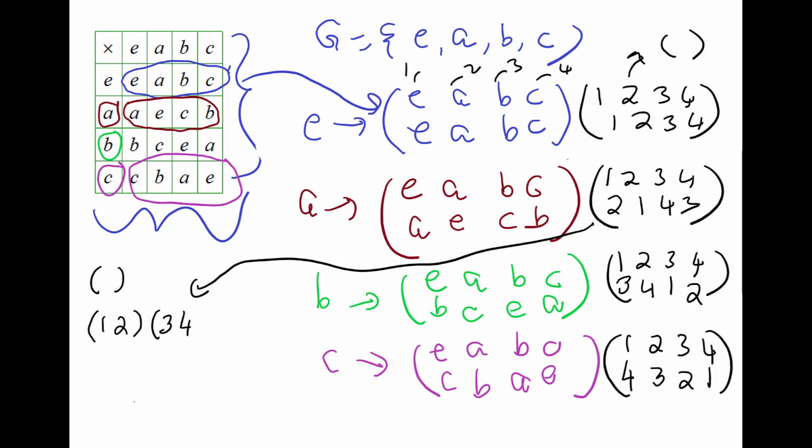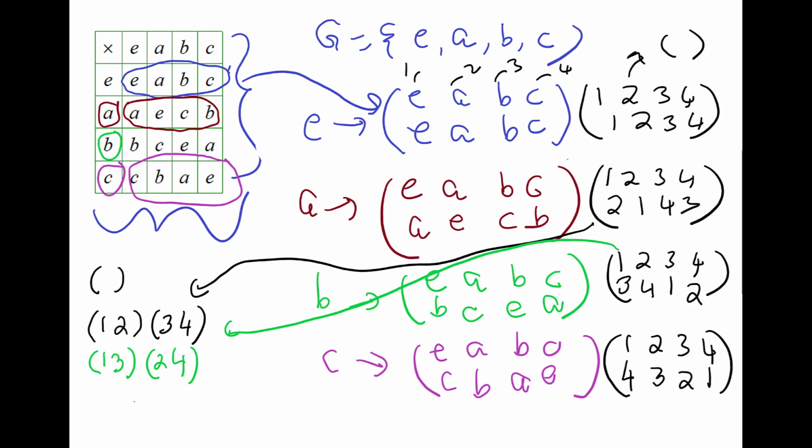So we did this, we wrote it as a product of disjoint cycles, right? And if we bring this in here, what we got is 1 goes to 3, 3 goes to 1. So we will write that as the cycle (1 3) and then the cycle (2 4), right?